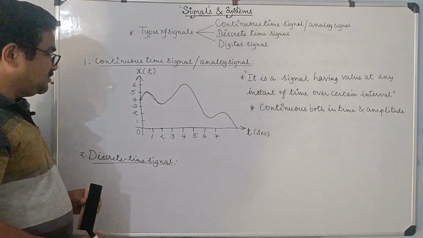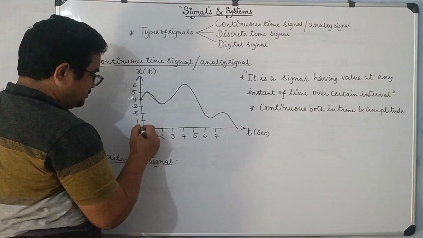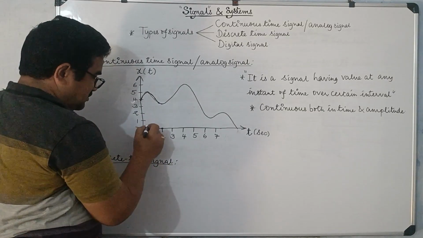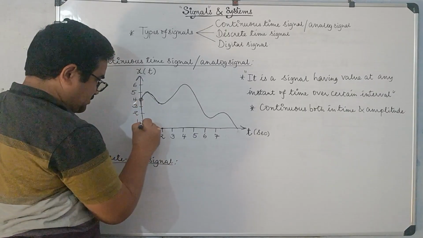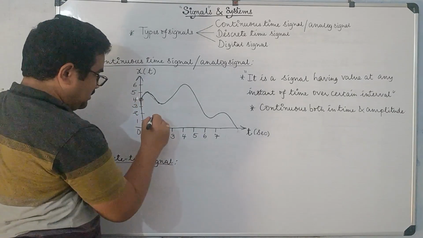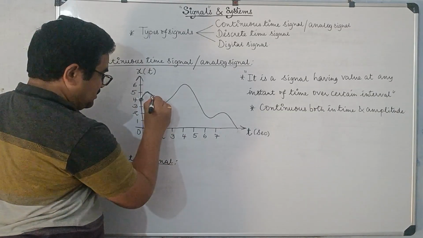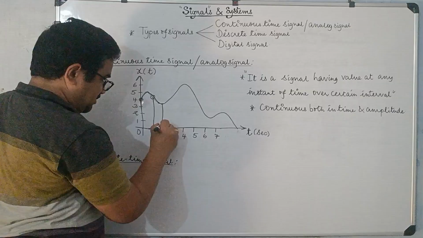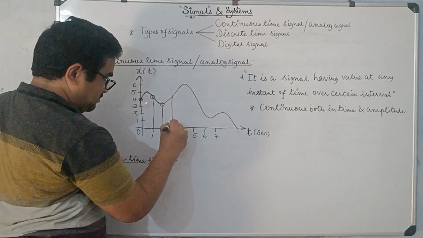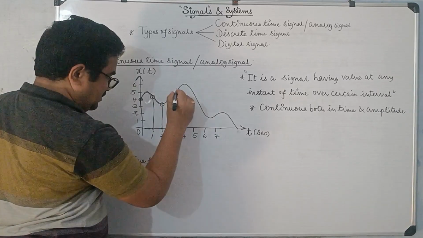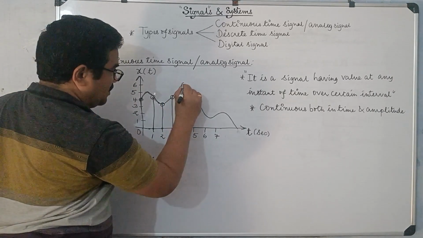Okay. Now let us say I am taking my signal amplitude at 0 seconds. This is the amplitude of the signal. At 1 second, I am taking the amplitude of the signal. Then at 2 seconds, at 3 seconds, at 4 seconds, and so on.